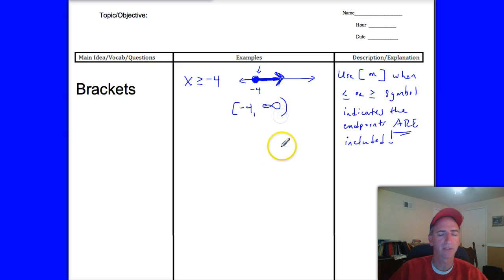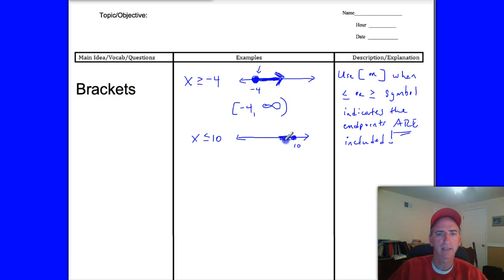And then we do the parenthesis whenever we do that next to infinity. So here's another example, x is less than or equal to 10. All right, so again, the graph, if that makes sense to you, you've got a solid circle at 10.